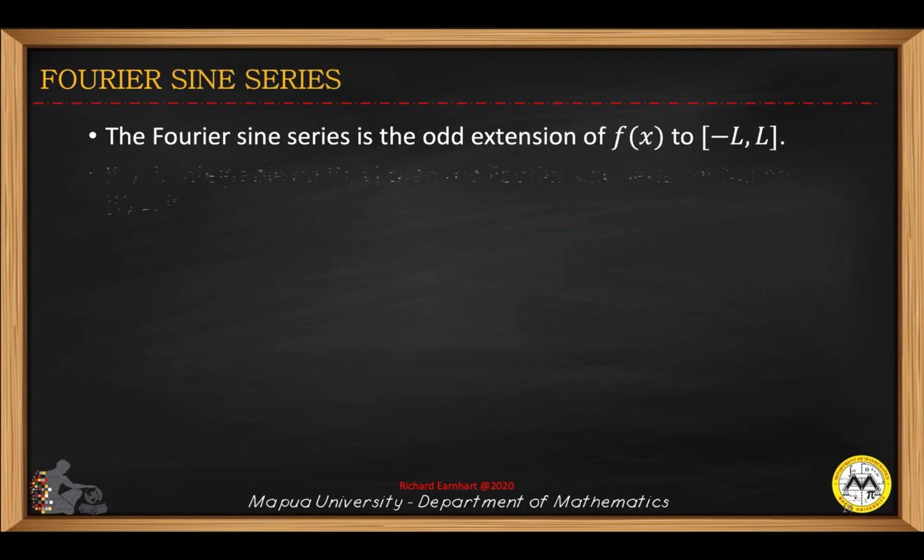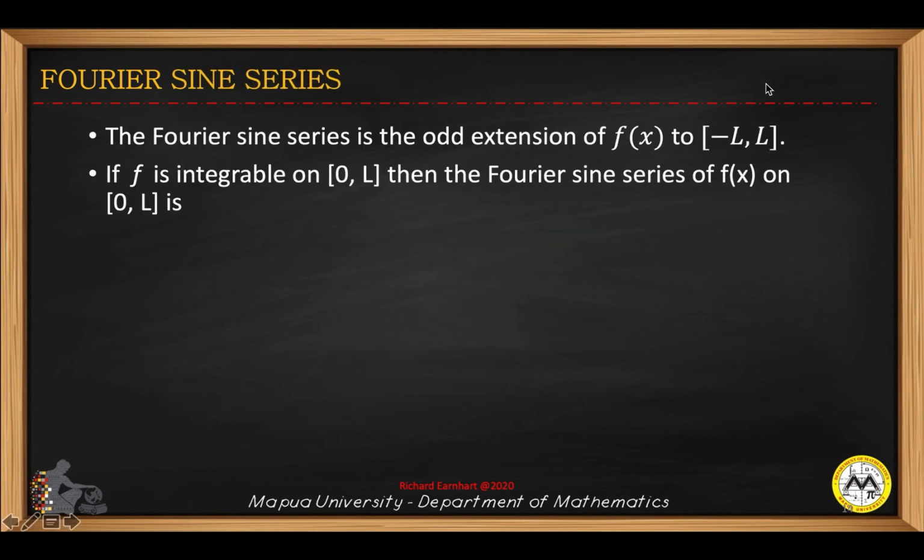Then the Fourier sine series is an odd extension of f of x to negative L to L. If f is integrable on 0 to L, then the Fourier sine series on the closed interval 0 to L will be as follows.